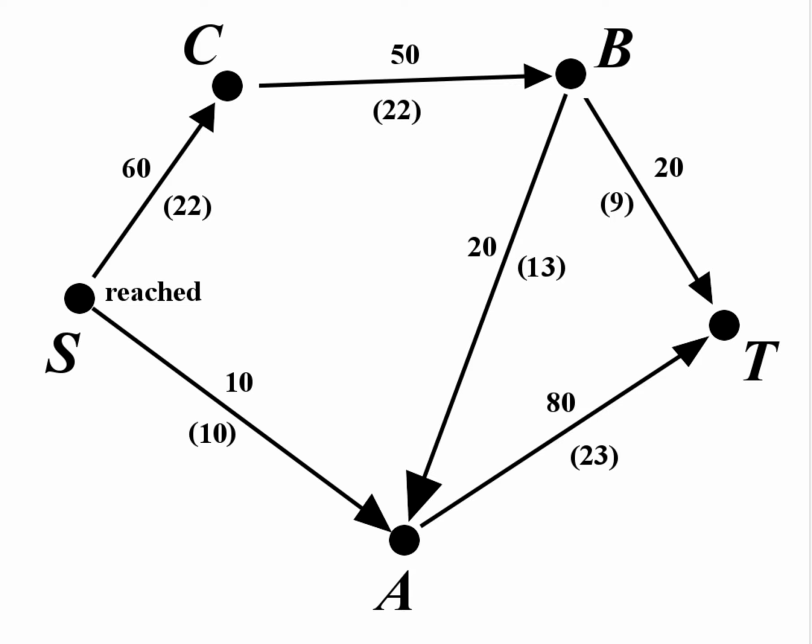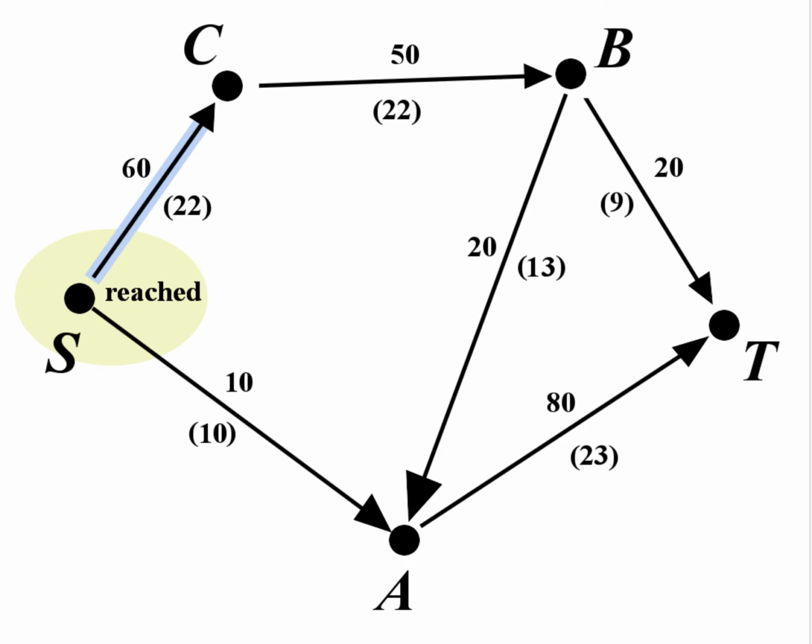And so one step of this exploration is you take one reached vertex. In this case, you can only take the source. So you start with that vertex and you look at all edges that are going to unexplored territory and that have positive residual capacity. So at this moment it's only the edge SC.